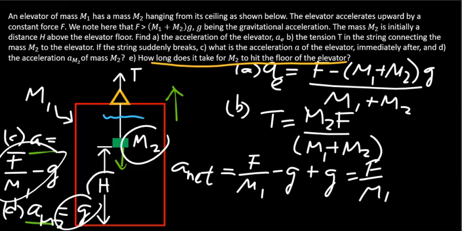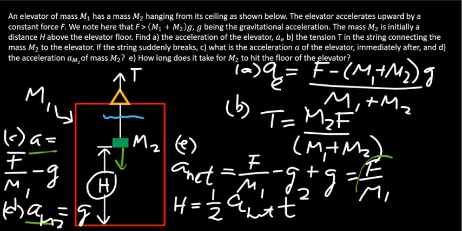So to determine the distance through which m2 falls, that is given by kinematics. So half the acceleration a net t squared. Now it's falling from rest, so there is no initial speed. Now let's substitute the expression for the net acceleration in here, and we can determine the time it takes.